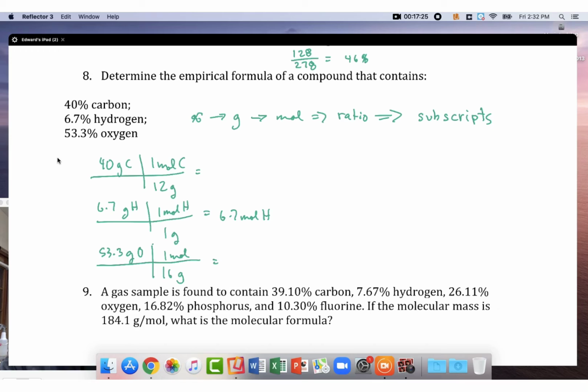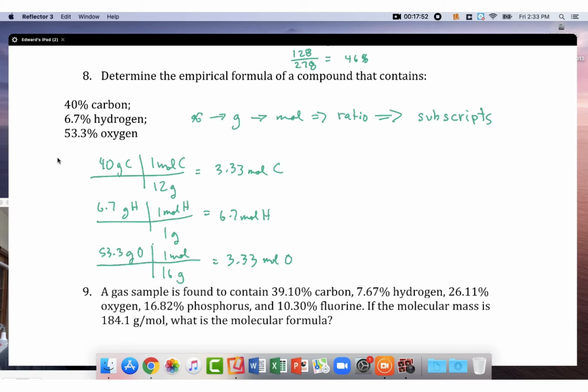So we're going to take 40 divided by 12, and this was 3.33 moles. And then we're going to take 53.3 divided by 16, and that was, oh my goodness, 3.33 moles of O, moles of C, and I can already see what we're going to do here. Pick the smallest one of those, right?